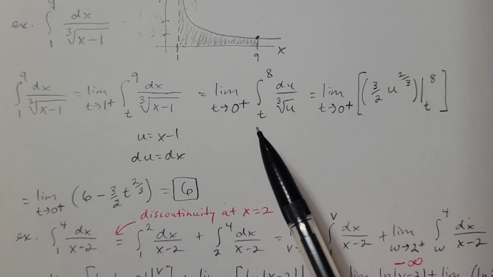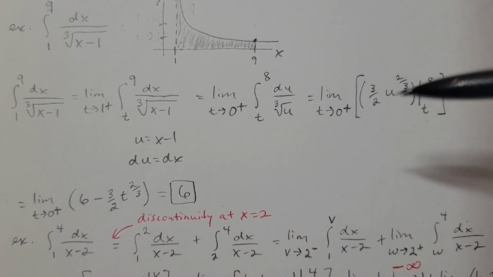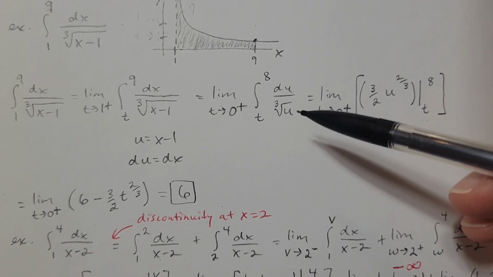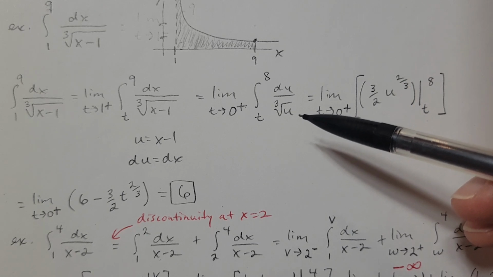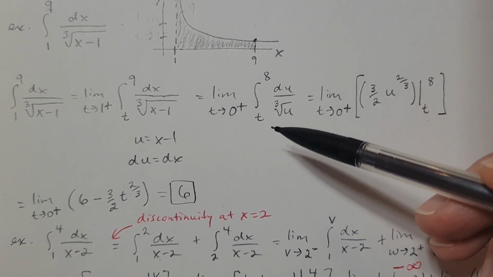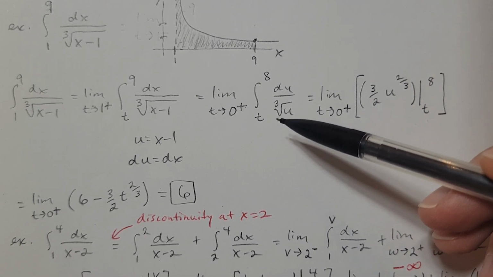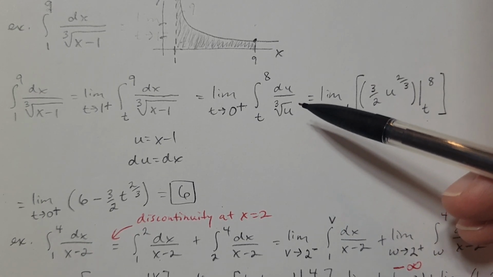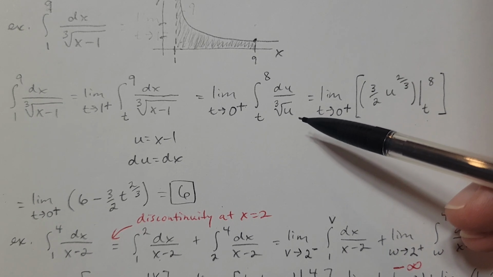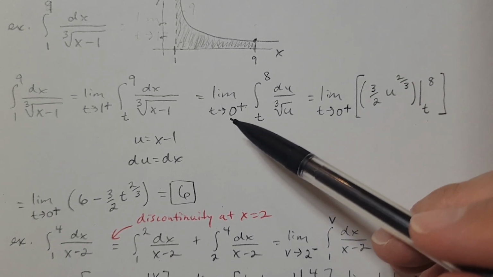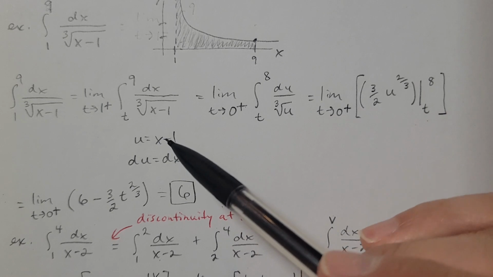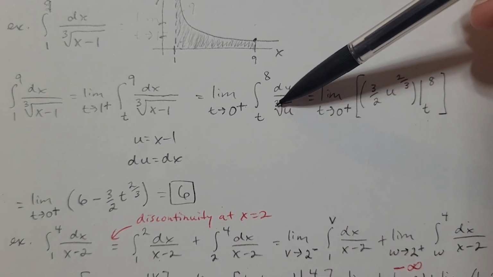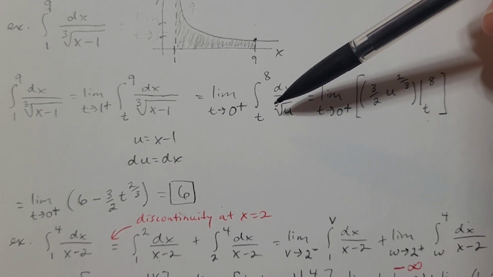And now, here's the thing. 0 is the problem on this new integral. Do not be the person that writes t minus 1 as this lower bound, because negative 1 is not a problem. 0 is, you can't plug in 0 here. So you're going to be approaching 0 from the same side. It's always going to be approaching from the same side. And the lower bound here is just plain old t.